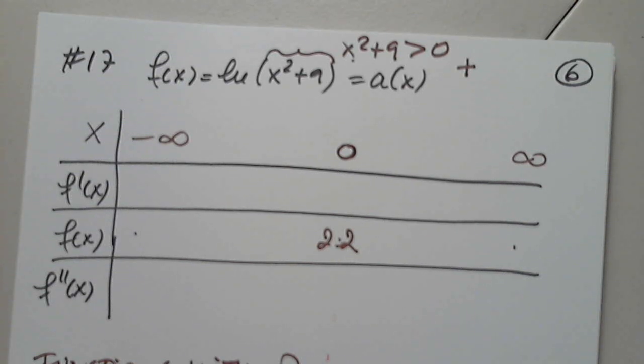And just plug in huge positive numbers and huge negative numbers because I need those limits. So I'm going to plug in 10,000 or whatever that is, and negative 10,000 or 10 million or whatever is the zeros I got. Okay, so see what happens?